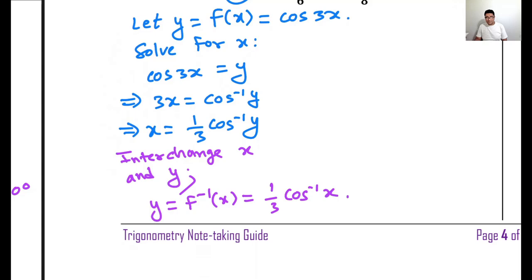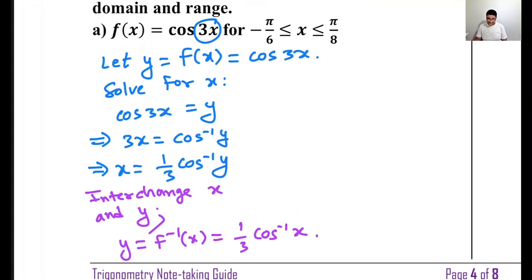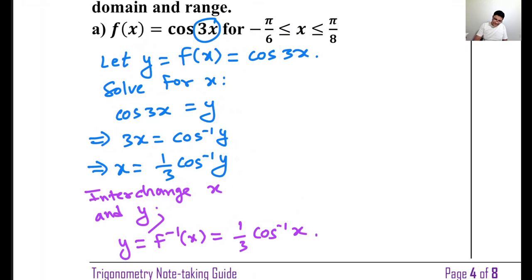Question is, what's the domain and range? And to answer that, this is the domain for the inverse function, for f inverse x. Okay.